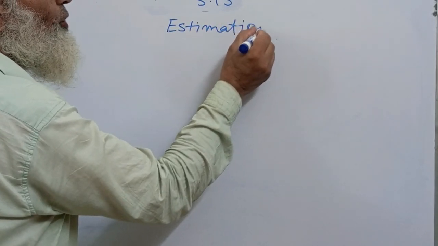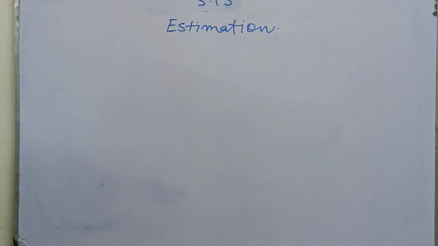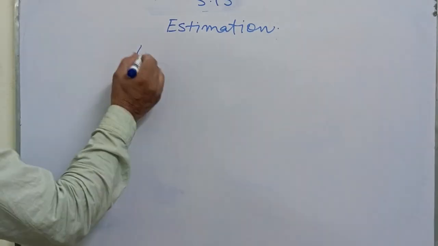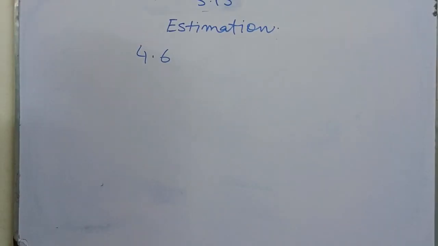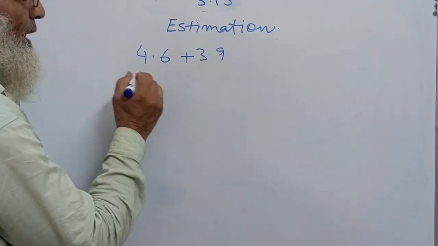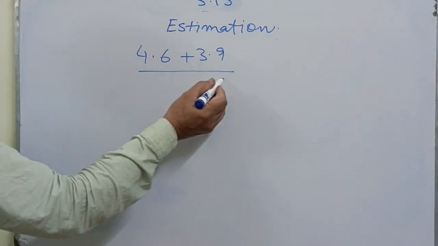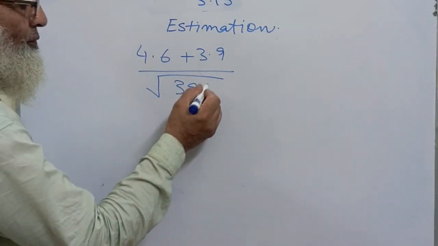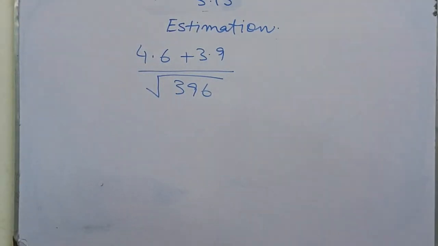I have given you a hint about estimation in my earlier lectures, but now it has come in our exercise. Now there is an example, and the example says 4.6 added with 3.9, divided by the square root of 396.